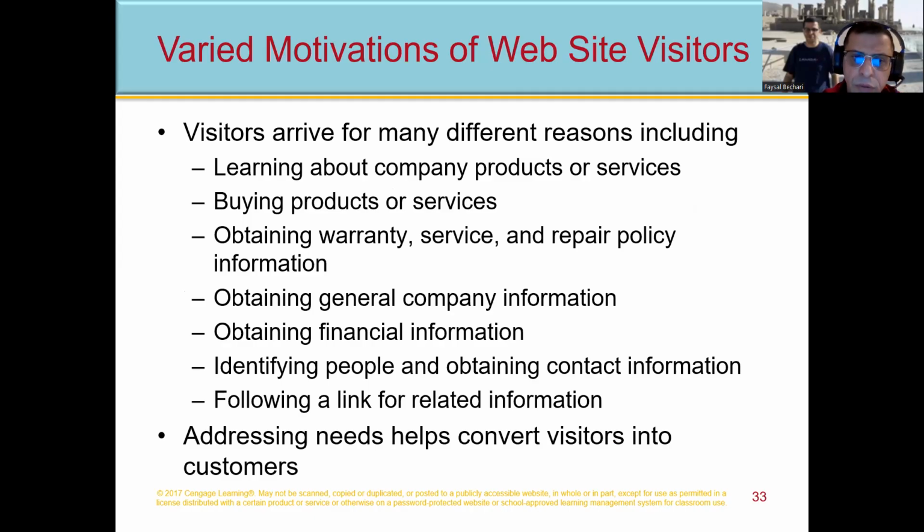Some are planning to buy a product or service. Some want to obtain warranty services and repair policy information, or general company information. They might want to obtain financial information, identify people and obtain contact information, or follow a link for related information. There are many reasons why people come to a website.